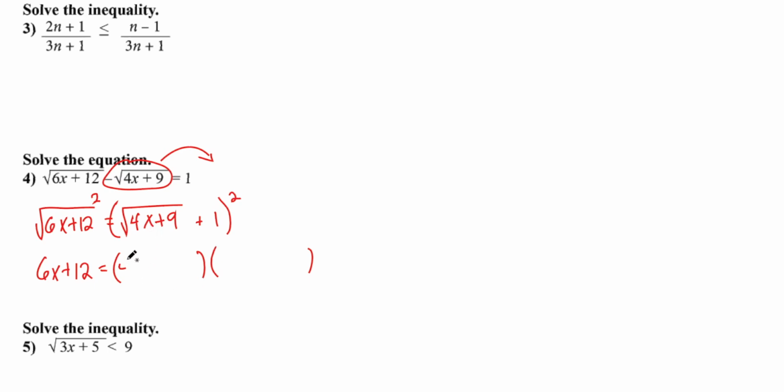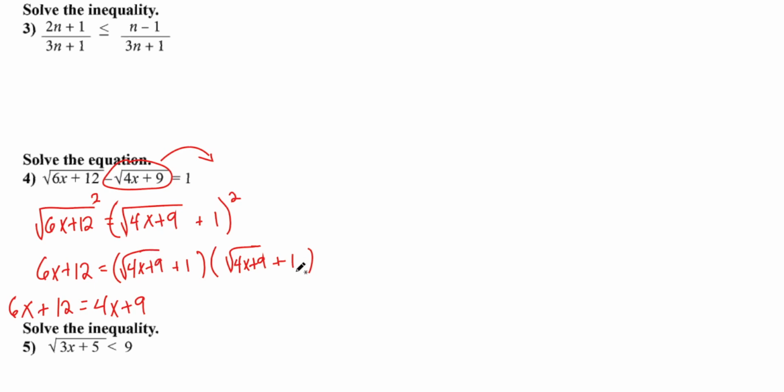So what do we got? This is going to be the square root of 4x plus 9, keep that over that, plus 1. And then another square root of 4x plus 9 plus 1. Okay? I think we got room to write it right here. So what do we get? This times this. We're doing FOIL now, right? First, that just gets rid of the square root. So what do I have now? 4x plus 9, no square root, correct?